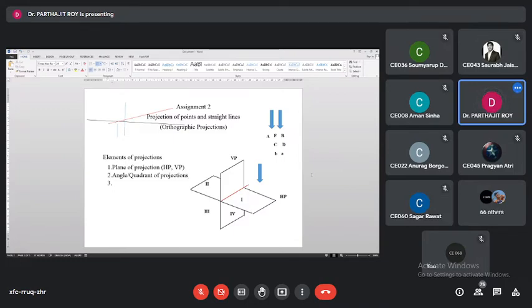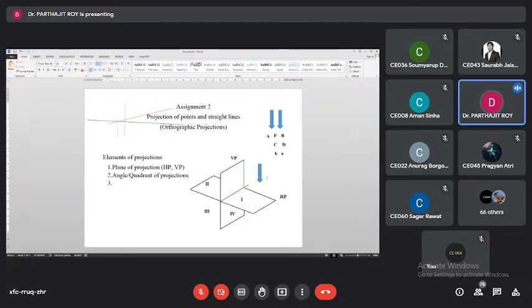Yes or no? Yes, sir. When two planes intersect with each other, we get a line. When two lines intersect with each other, we get a point. Here it is a line, and this line is common to both HP and VP.